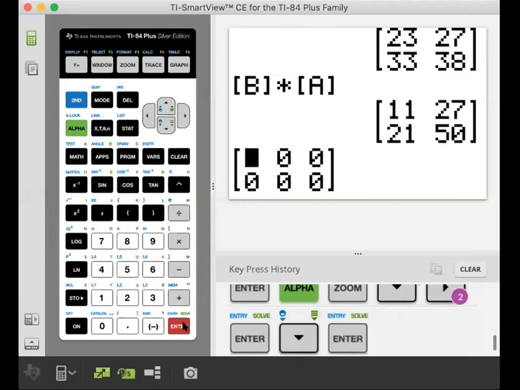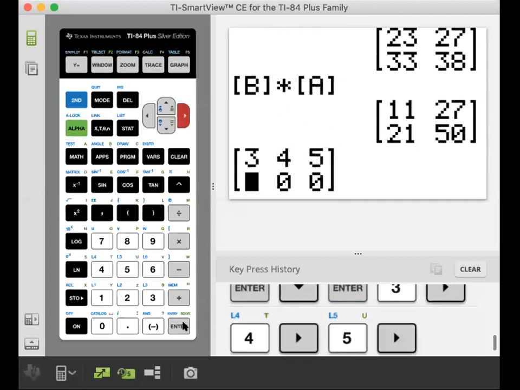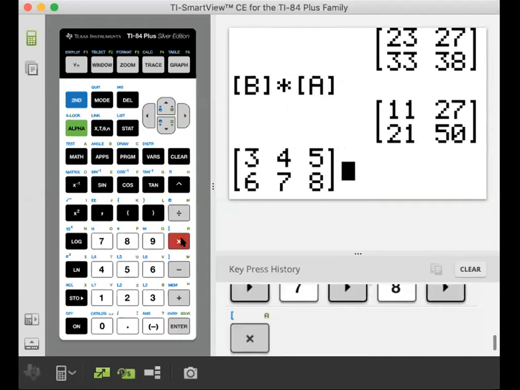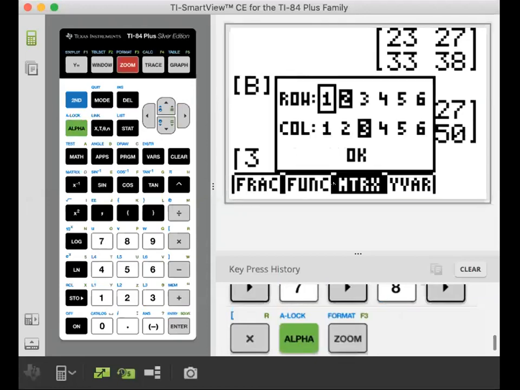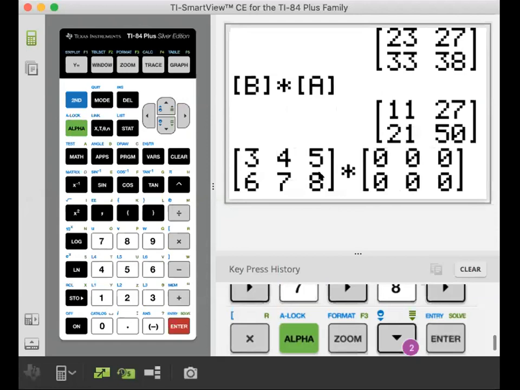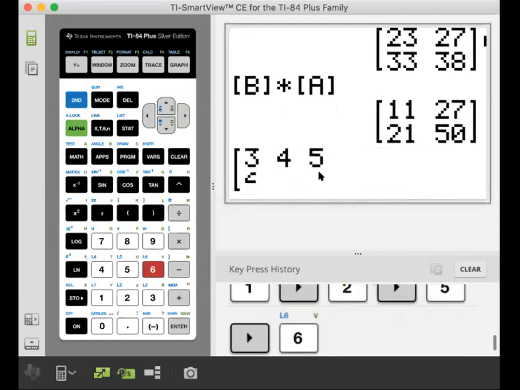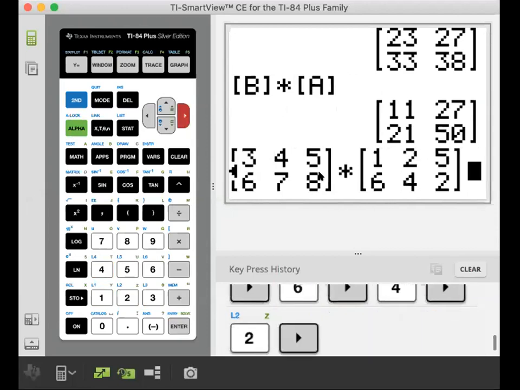Just throw some numbers in there, 3, 4, 5, 6, 7, 8. And I multiply that by another 2x3 matrix. 1, 2, 5, 6, 4, 2. Check out what happens in this case.